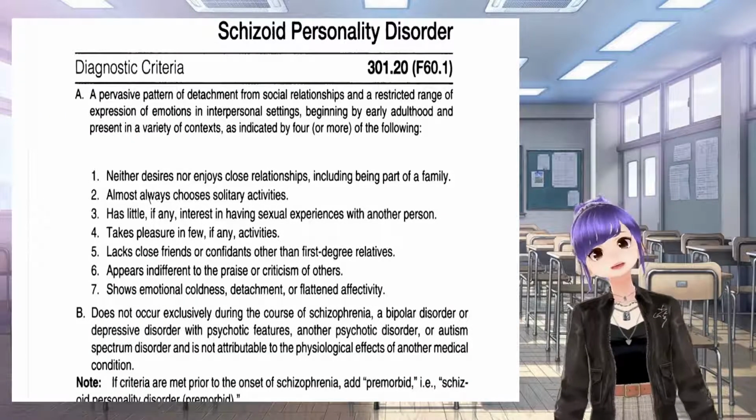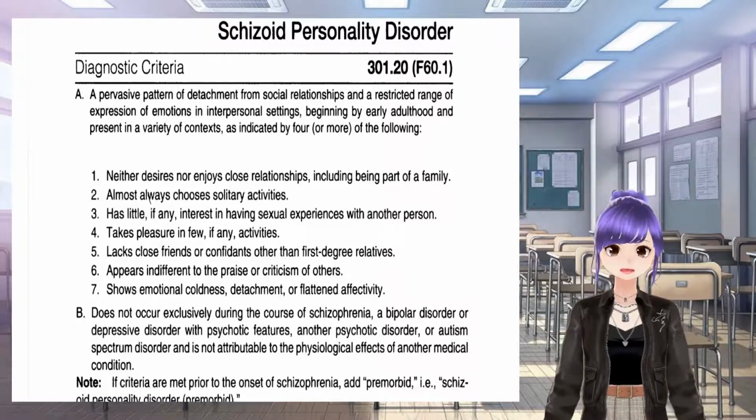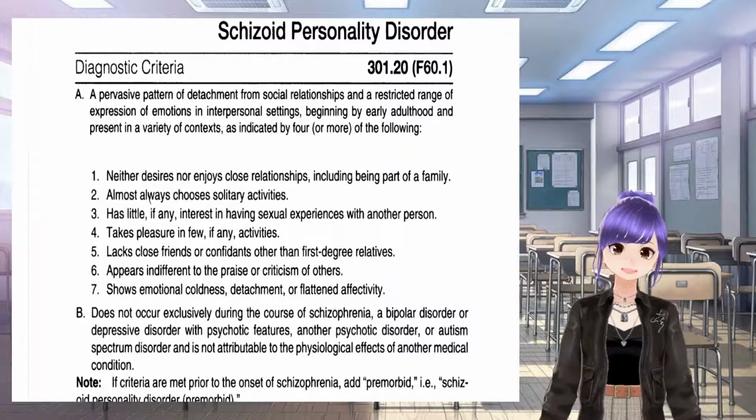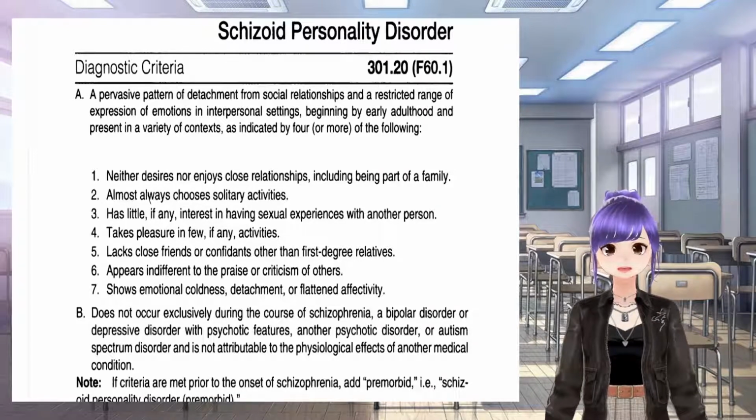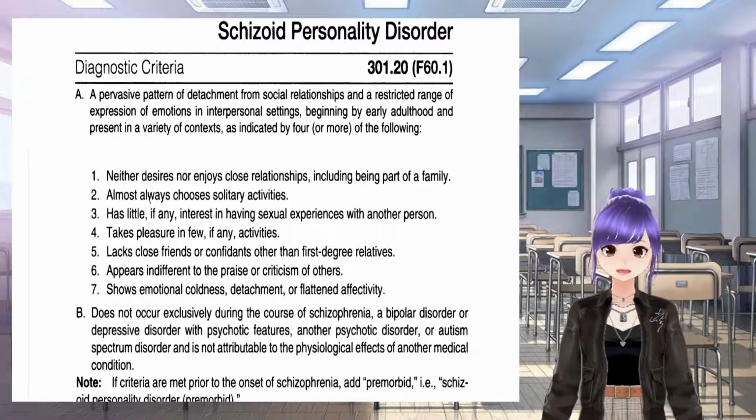Letter A, a pervasive pattern of detachment from social relationships and a restricted range of expression of emotions in interpersonal settings beginning by early adulthood and present in a variety of contexts as indicated by 4 or more of the following. Number 1, neither enjoys nor desires close relationships, including being a part of a family.